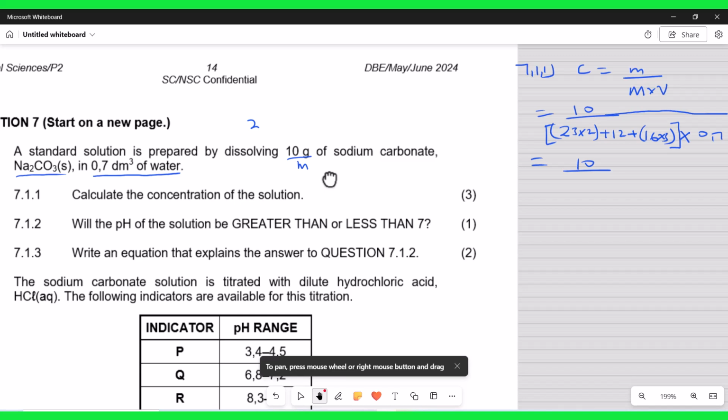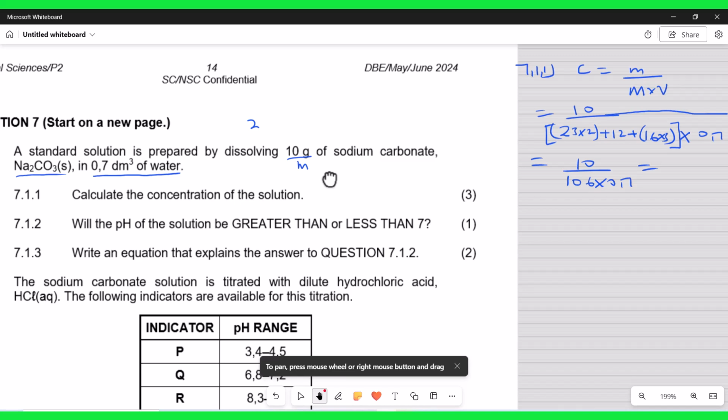So here I have 106 for the molar mass, then times the volume, which is 0.7. So my final answer is going to be 10 on top divided by 106 times 0.7.